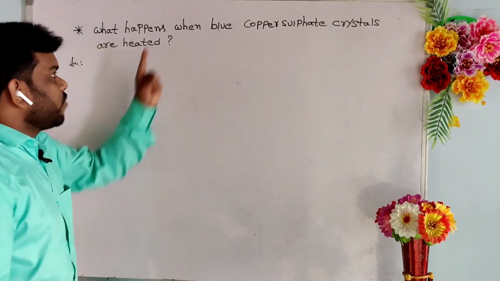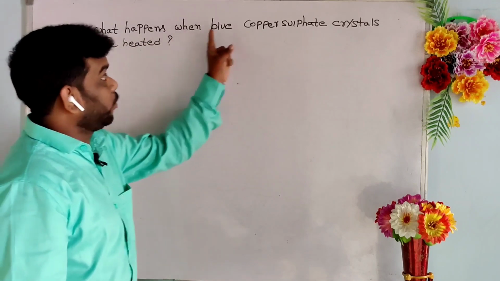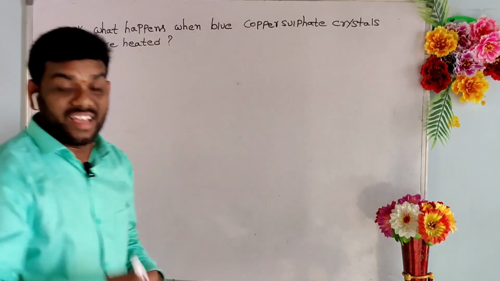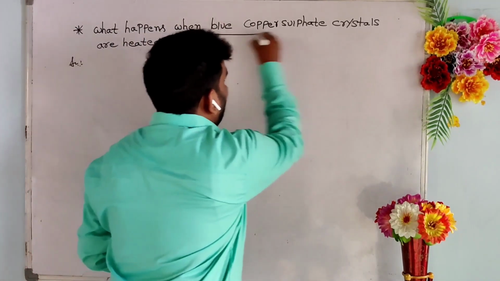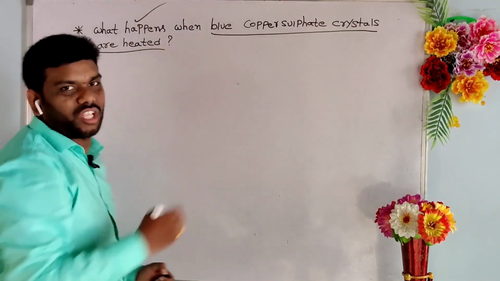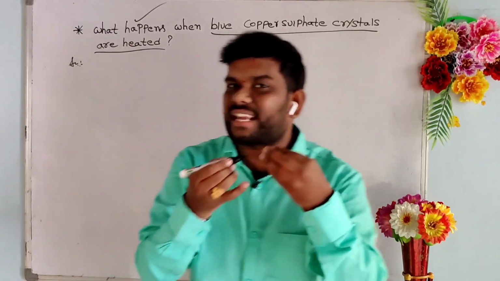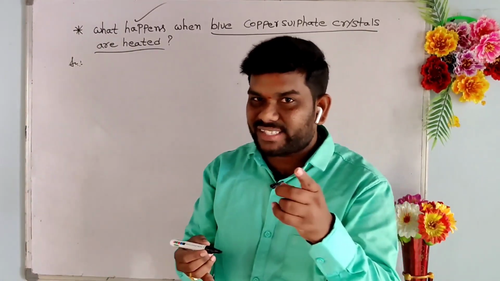What happens when blue copper sulfate crystals, yeah, exactly, ఈ blue copper sulfate crystals అనేవి హీట్ చేస్తే ఏం జరుగుతుందని అడుగుతున్నాడు. What happens when blue copper sulfate crystals are heated? What is our answer?